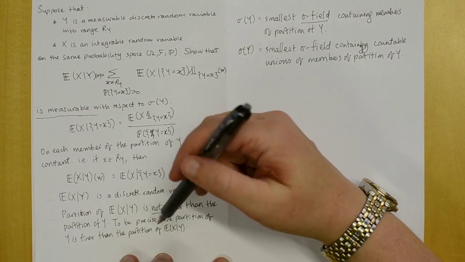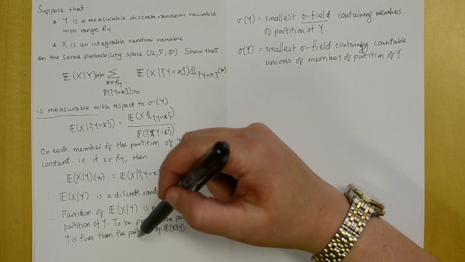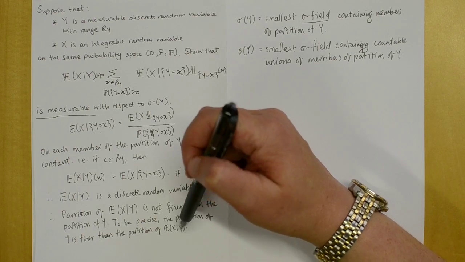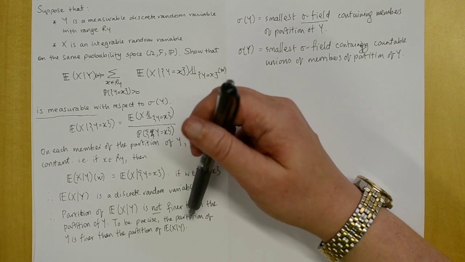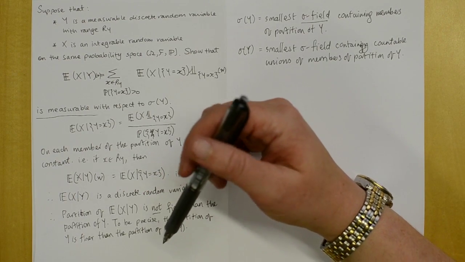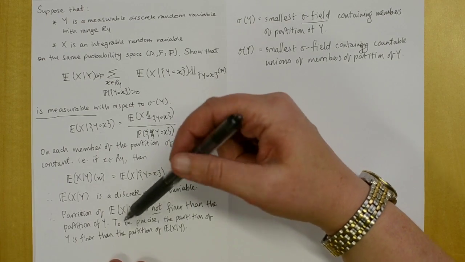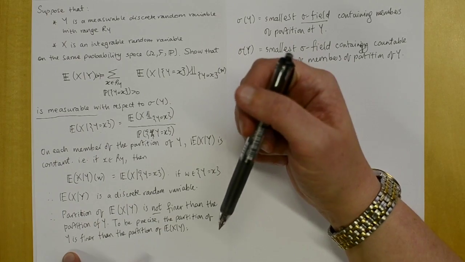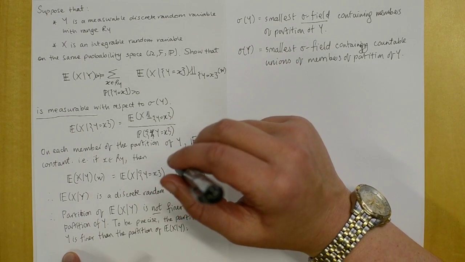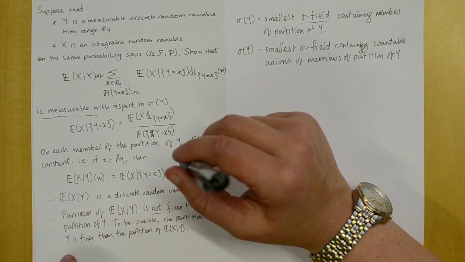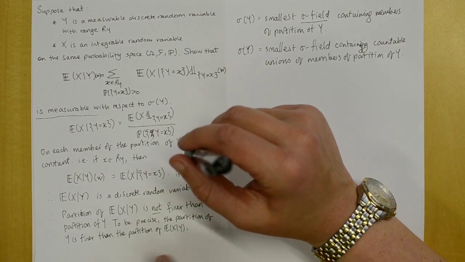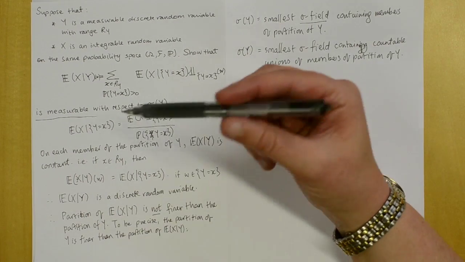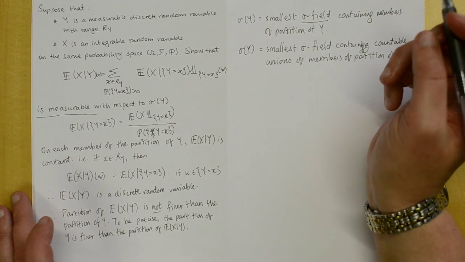But this is exactly what we were saying here. The partition of y is finer than the partition of the expected value of x given y, which means all members of the less fine partition can be written as finite or perhaps countable unions of members of the finer partition.